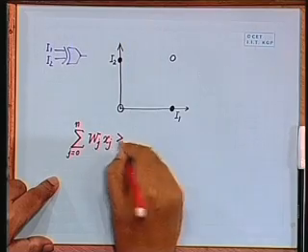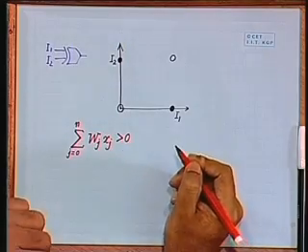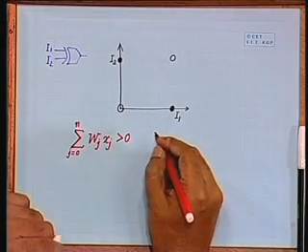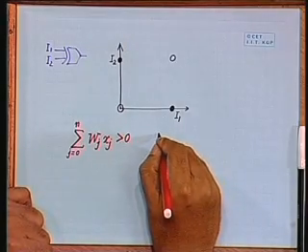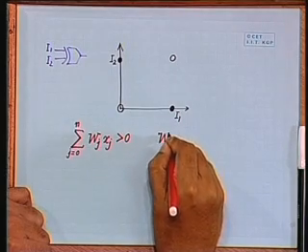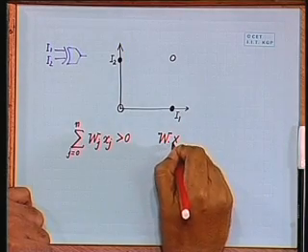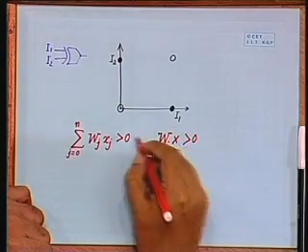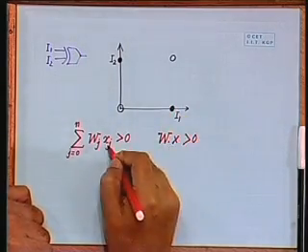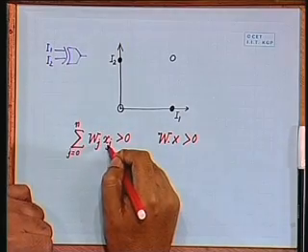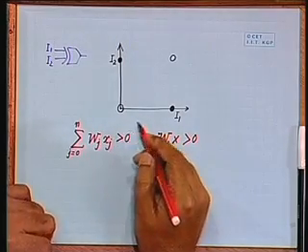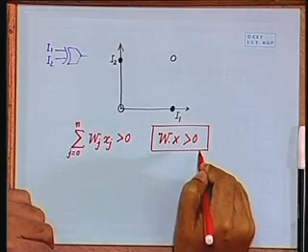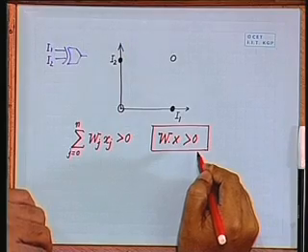If this is greater than 0, then the unit switches on, otherwise it switches off. So, this is actually the equation w dot x is greater than 0, where w is the weight vector and x is the input vector. So, when this happens, then only we switch the unit on.